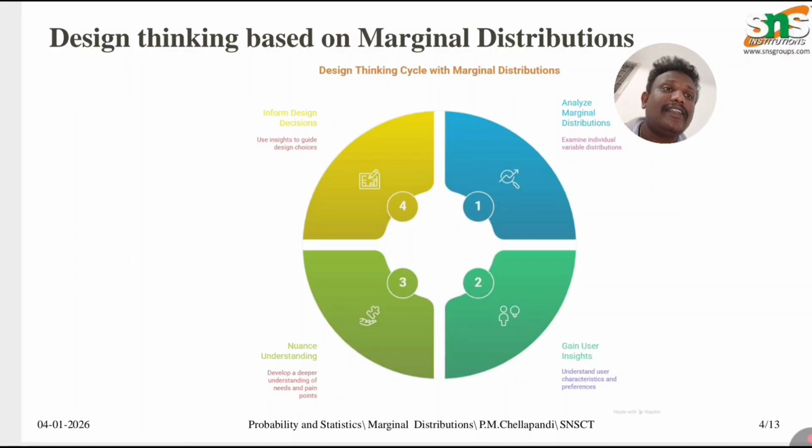Next, we have to create a prototype for this issue. Here, by combining PMF, that is probability mass function, and probability density function, we can create a prototype, right? Next, at the end, we have to test the prototype. Check if probability sum is 1.